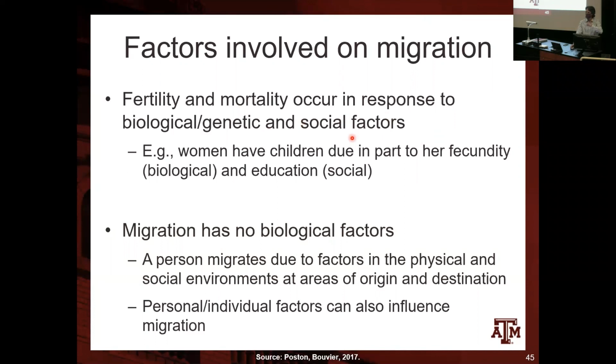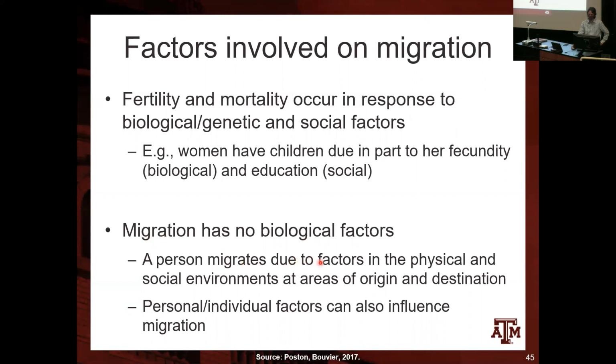But people in the same society, even those in the same socioeconomic status, same education and everything, some of them are more prone to live longer than others. So that's related to biological factors. So the levels of fertility and mortality are related to both biological and social factors. Migration has no biological factors.